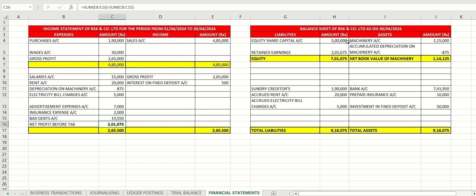So I am directly moving that number to the retained earnings in the balance sheet, and my equity would be 7 lakh 1075. My total balance under the liability side is 9 lakh 16,075, which matches up with the balance shown under the asset side in the balance sheet, guys. Hope this is clear, guys.